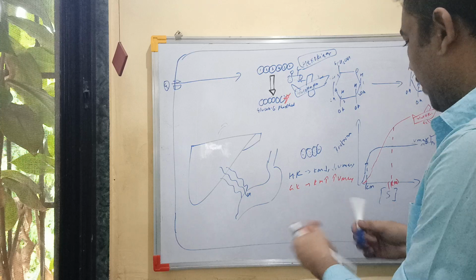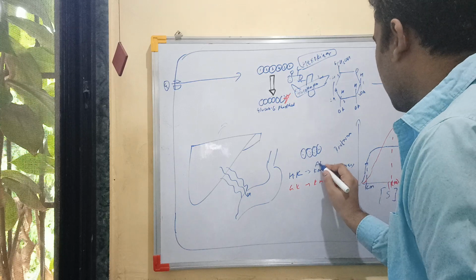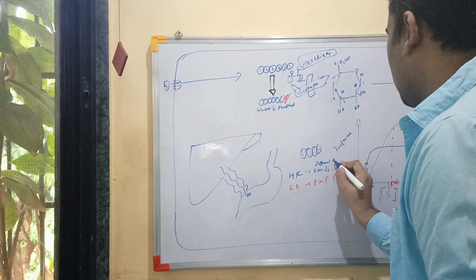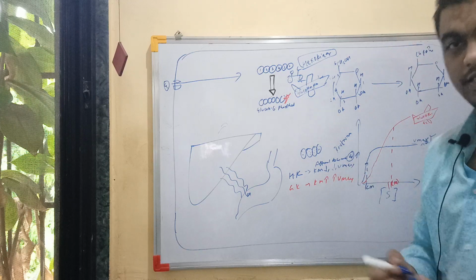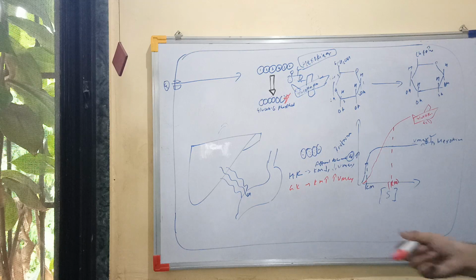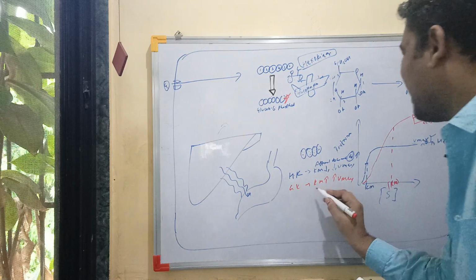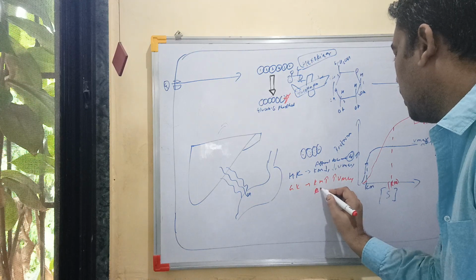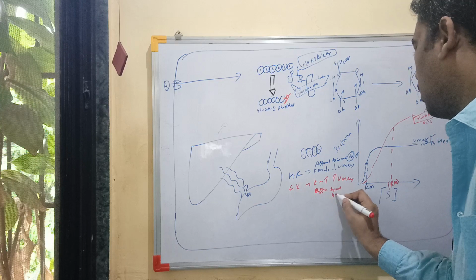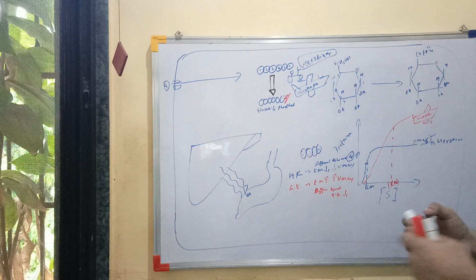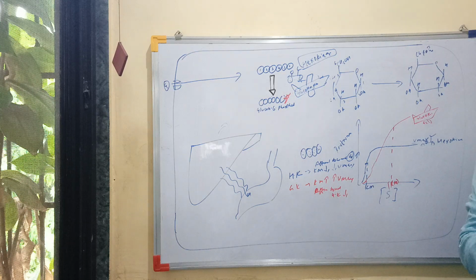So the affinity of hexokinase towards glucose is increased, and the affinity of glucokinase towards glucose is decreased. Are we understanding what we are talking about?